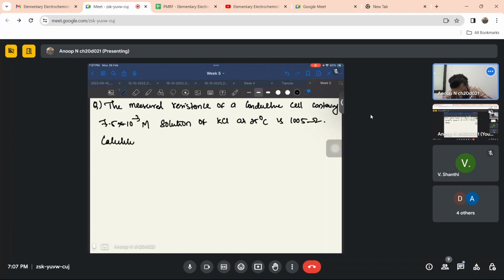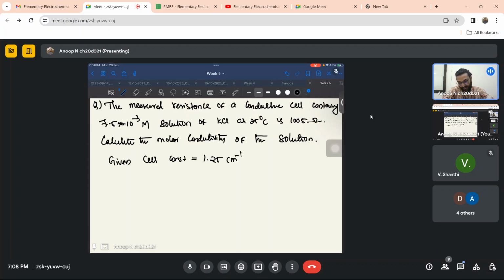Calculate the molar conductivity of the solution, given cell constant is equal to 1.25 centimeter raised to minus 1.